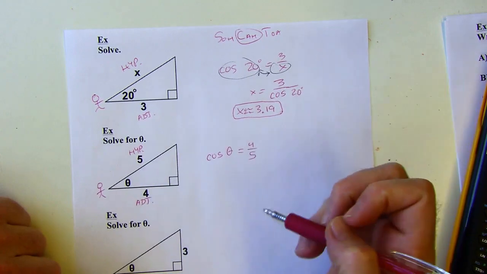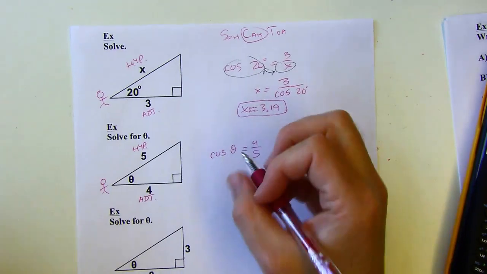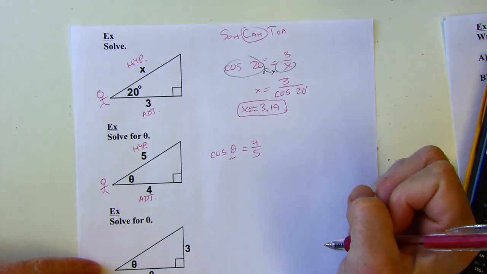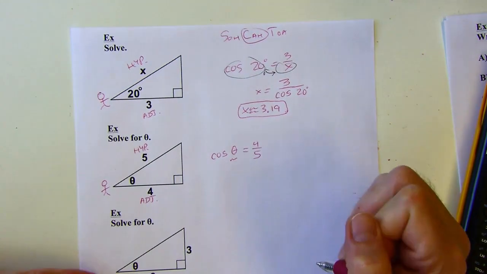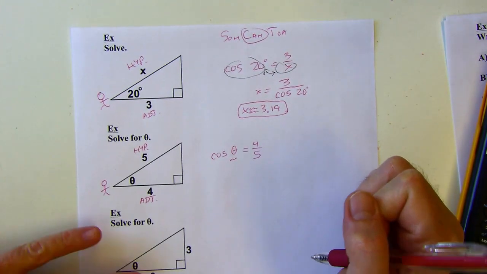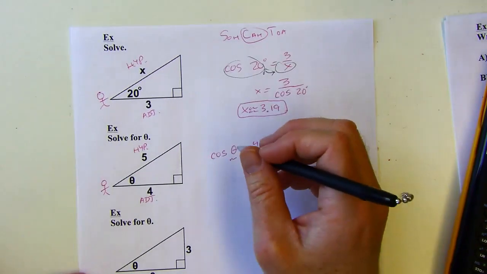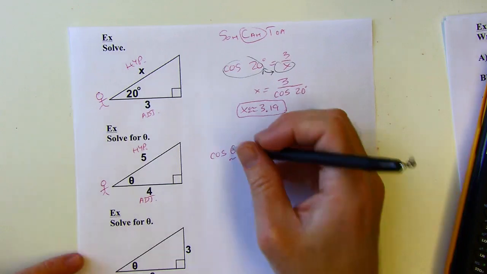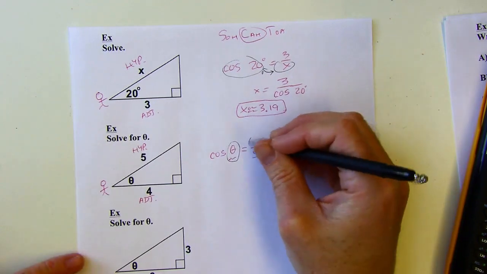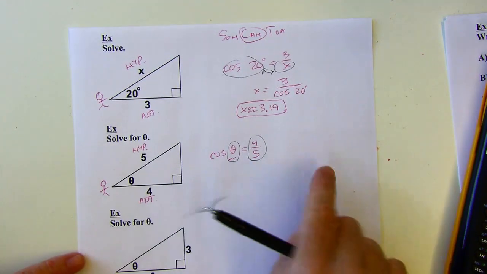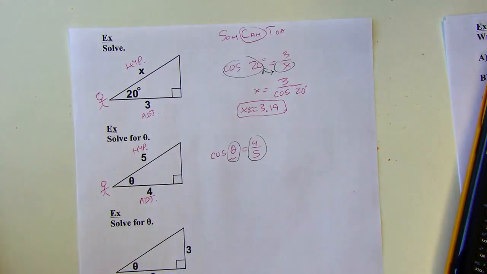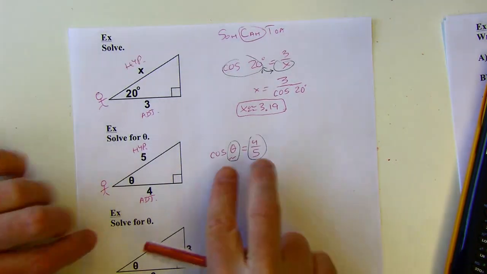Okay, so this doesn't mean that that angle is 4/5 or 0.8. It's not. So what I want to do is isolate the theta somehow, and the only way to do that is with an inverse trig function. What's going to happen when I use an inverse trig function is it's going to switch the position of these two things, and then it'll isolate the theta.